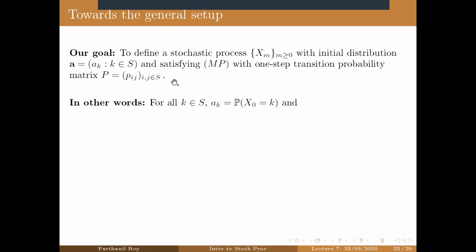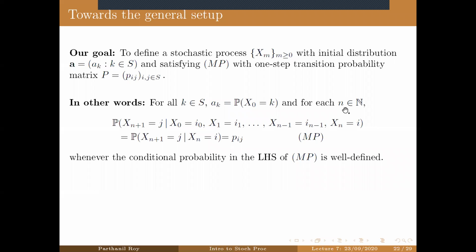So in other words, we want for each k in S, a_k to be the probability of X_0 equal to k, and for each n in the set of all positive integers, we want this conditional probability equal to this conditional probability.